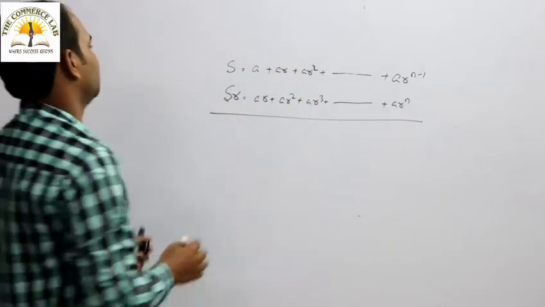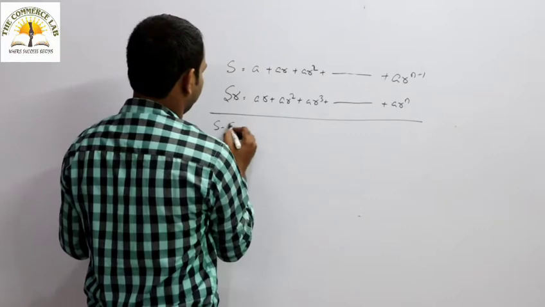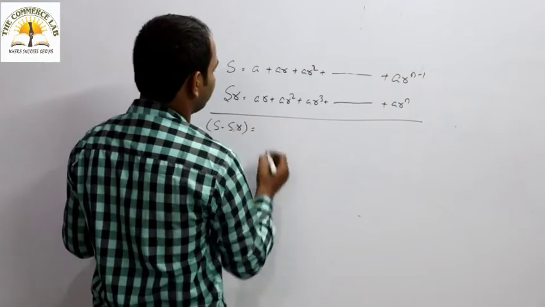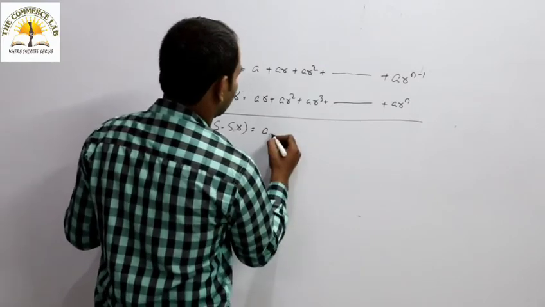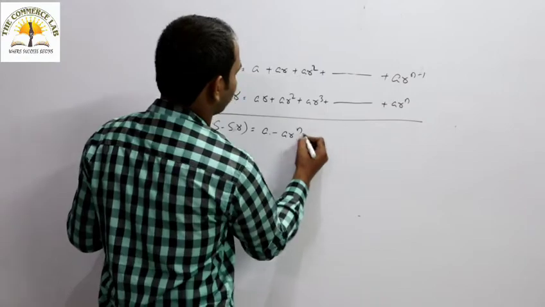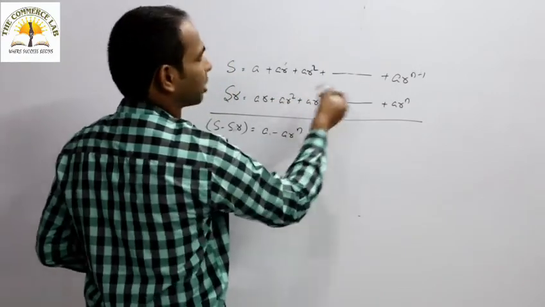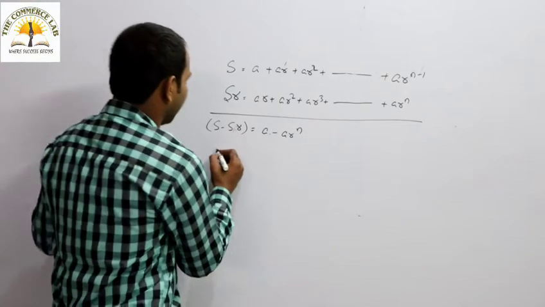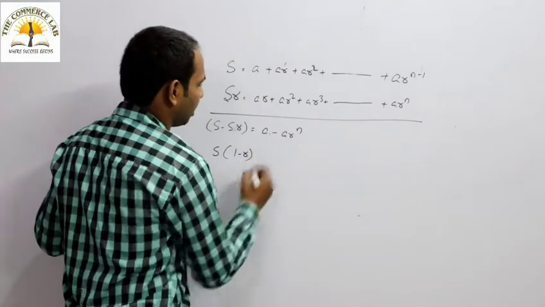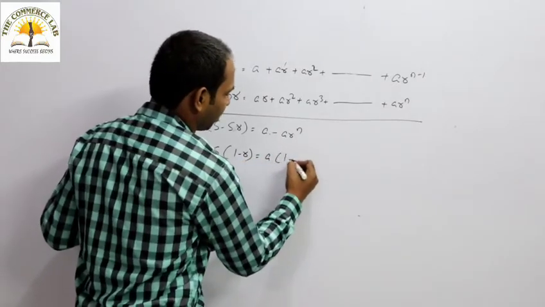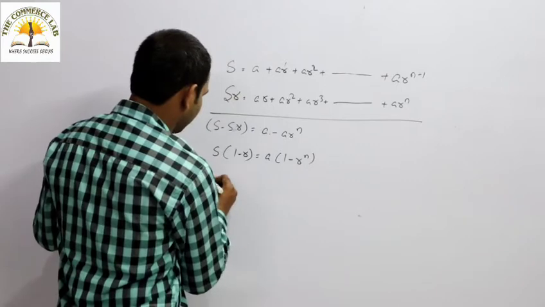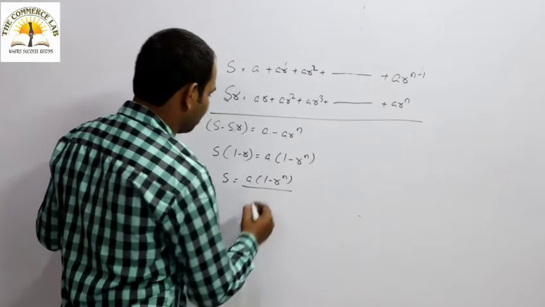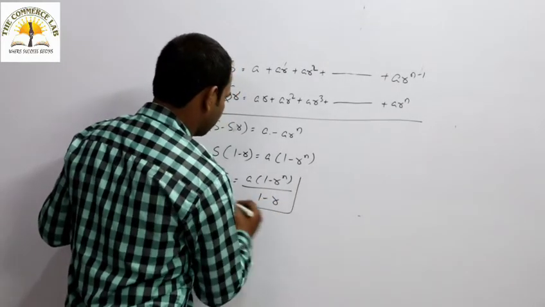By subtracting these two, S minus SR is equal to a minus ar to the power n, as the middle terms get cancelled. By taking S common, S into 1 minus r is equal to, by taking a common, a into 1 minus r to the power n. This implies S equal to a into 1 minus r to the power n by 1 minus r.